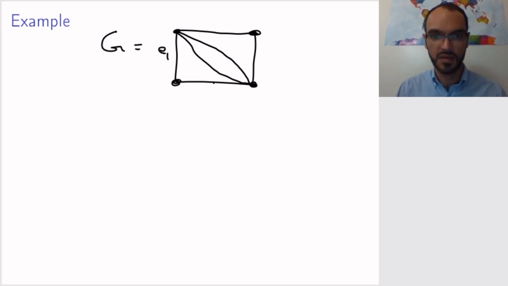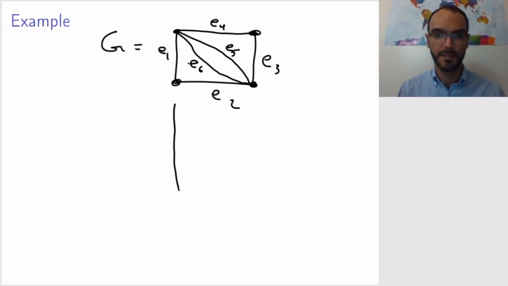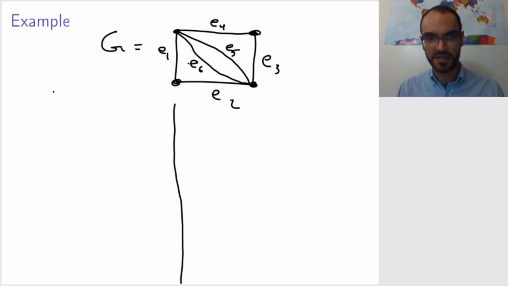So this is E1, E2, E3, E4, and let's call this E5 and this E6. This graph obviously has cycles. For example, I have the cycle consisting of the double edge E6, E5. So I want to remove one of these edges of my cycle. Let me remove E6.